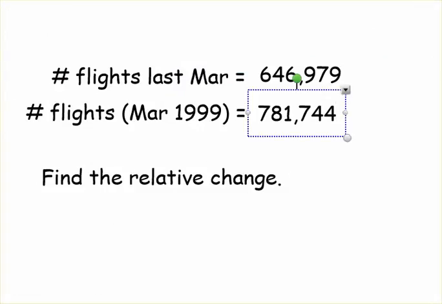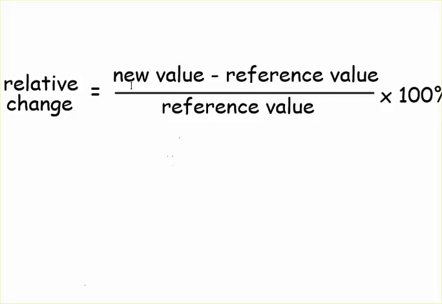The formula to find the relative change is we take the new value minus the reference value, divided by the reference value, and multiply it by 100%. So what do we have here?